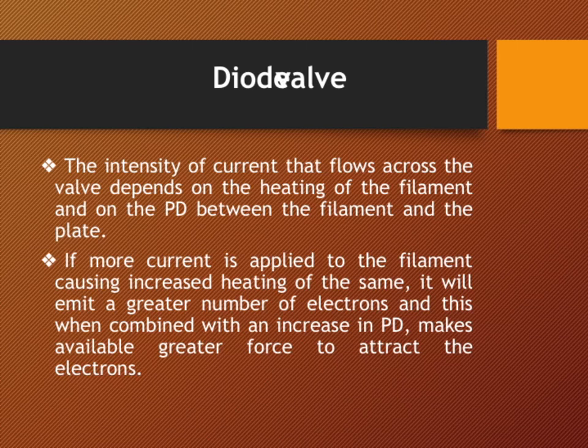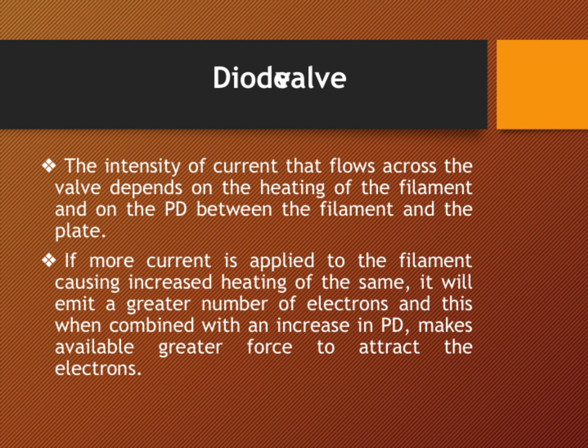The intensity of the current flowing across the valve depends mainly on two factors: the heating of the filament and the potential difference, or PD, between the filament and the plate. When we apply more current to the filament, it heats up more, which causes it to emit a greater number of electrons. Now, this increase in emitted electrons means there are more particles available to carry the current.